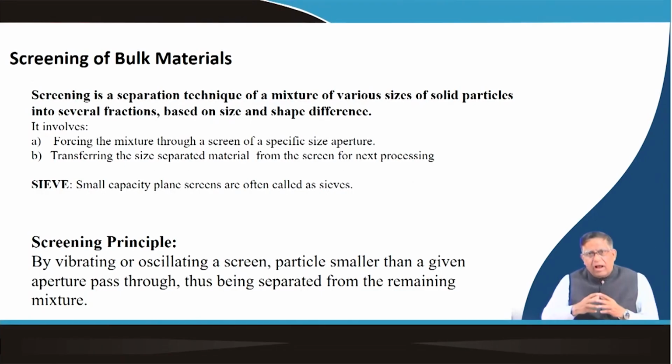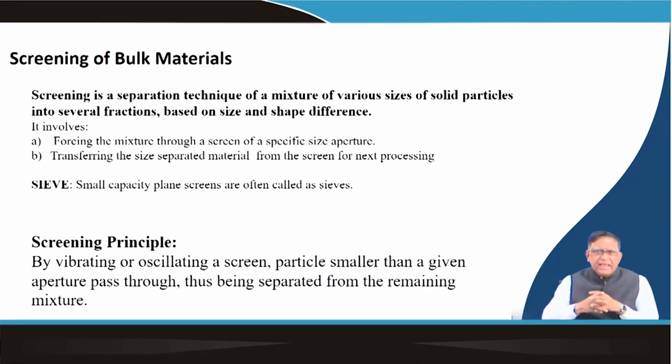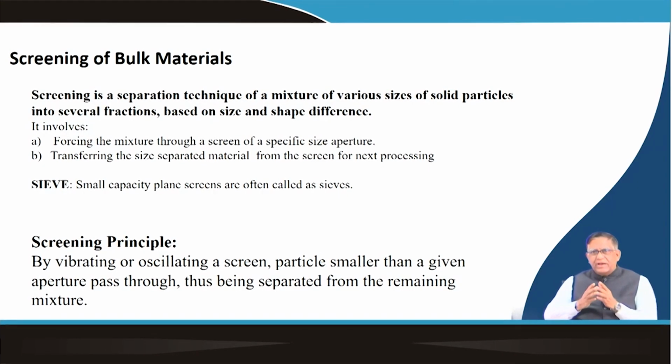And then you will have to have an arrangement in the screening system so that the separated material goes to its next destination. And as I said, sieving is basically for small particles. Now, what is the basic principle of this screening? Either you give a vibration or an oscillation, and sometimes a rotary motion.